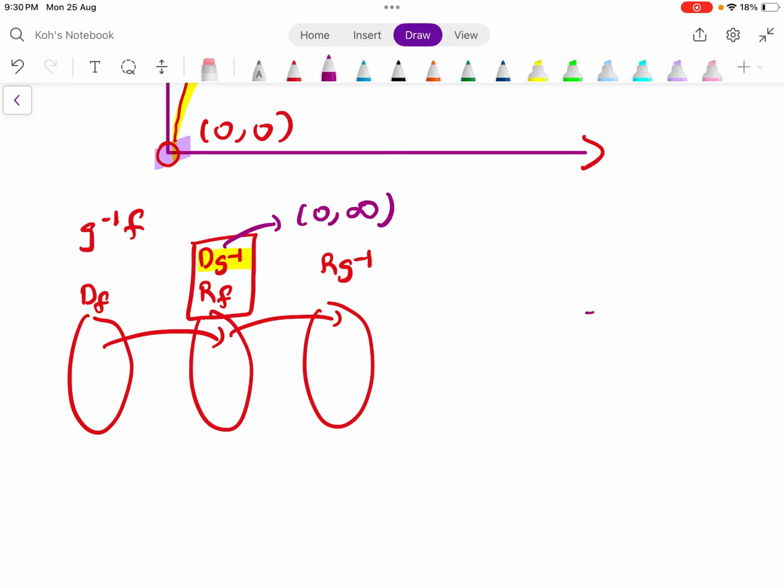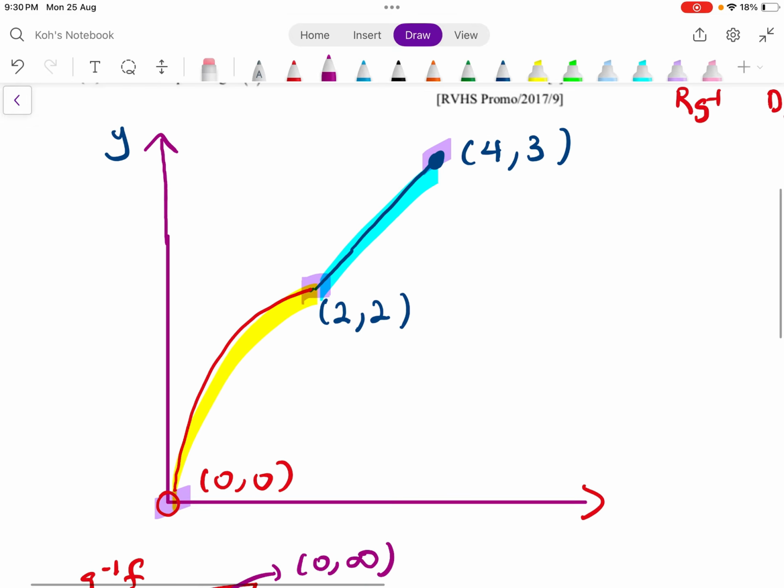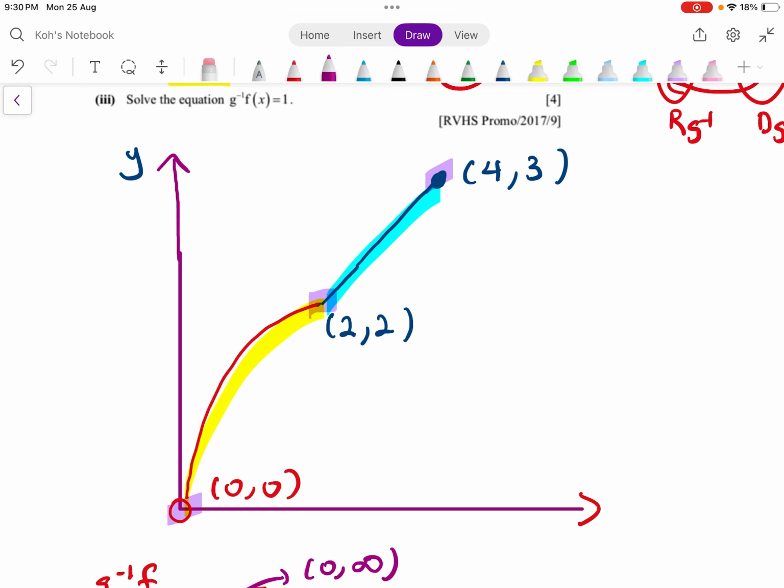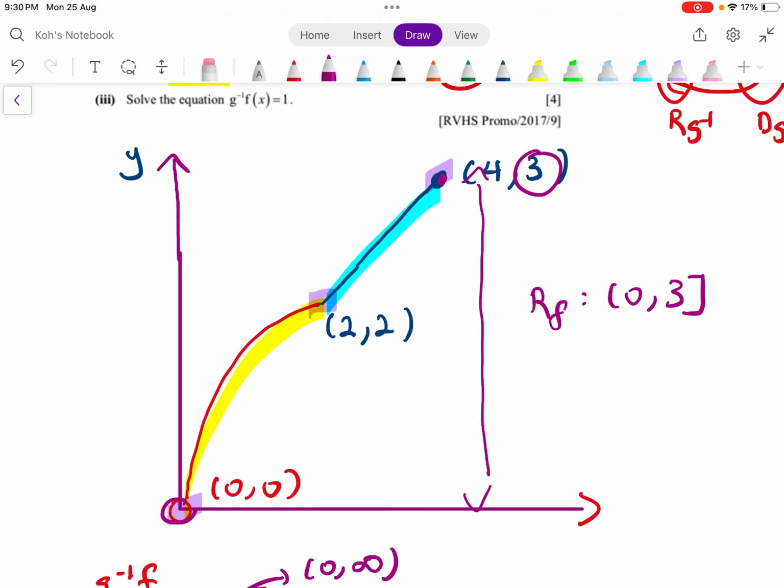Okay, so what about the range of f? For the range of f, we will need to see this graph. So for example, the range is from here, non-inclusive, all the way to here, inclusive. So the range of f will be equal to 0 all the way to this value of 3. But this one is inclusive, because I shaded this, and this one is a hollow circle.